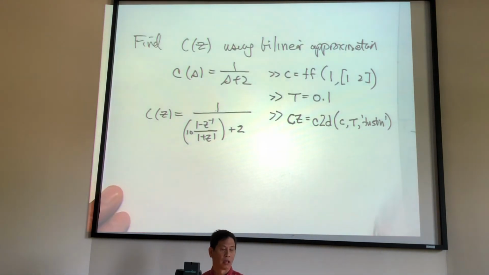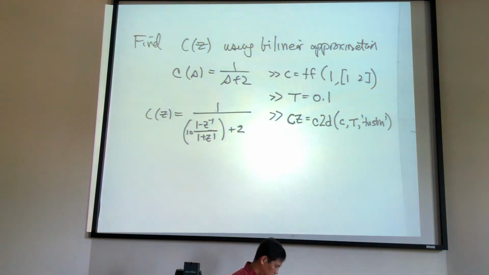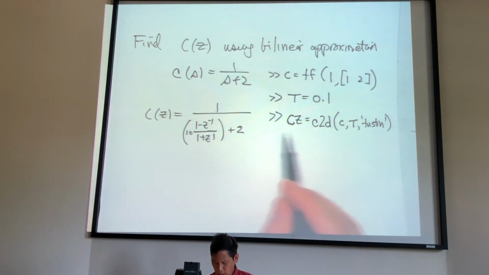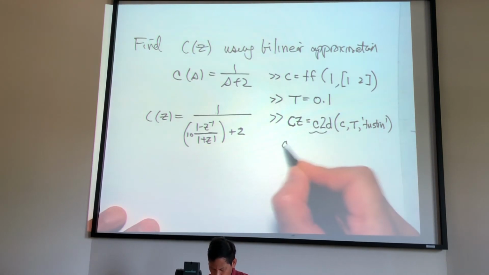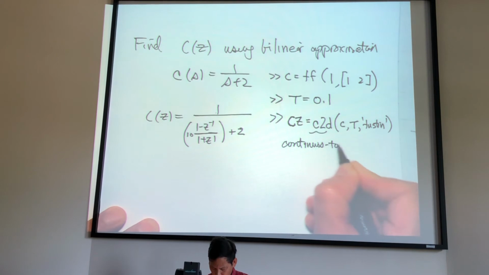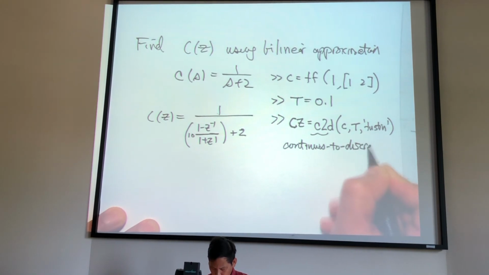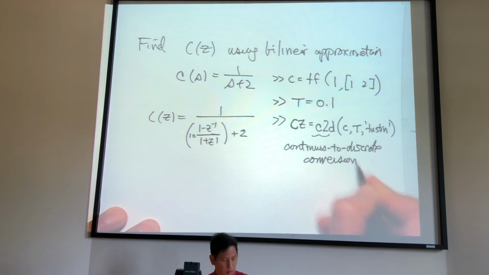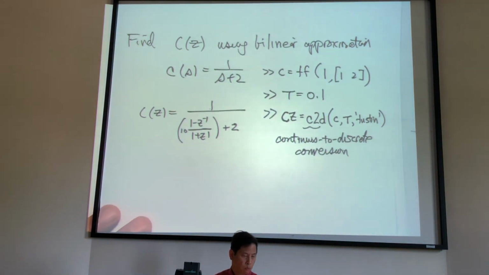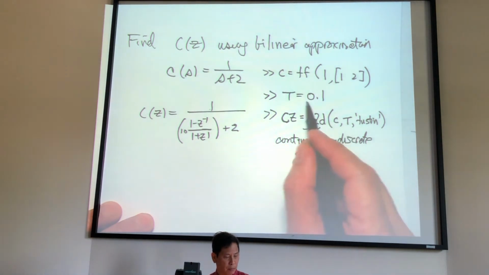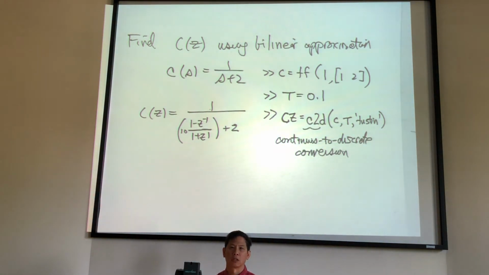So type that word in. C of Z is a continuous to discrete conversion. Convert this using this sample period and use the Tustin approximation.